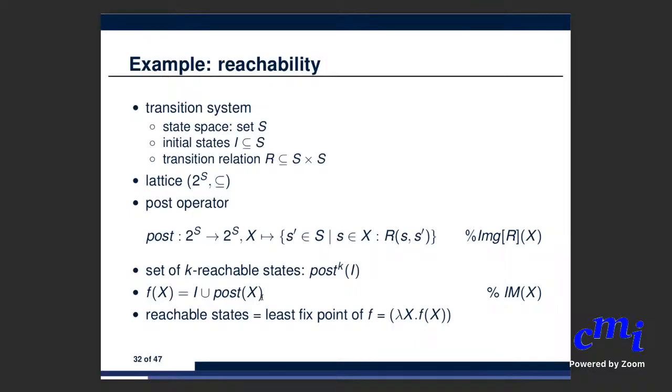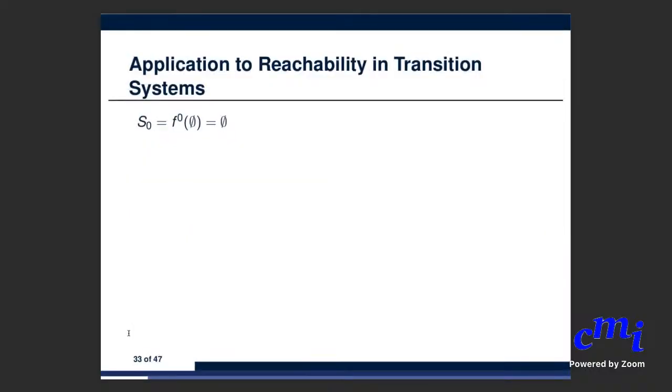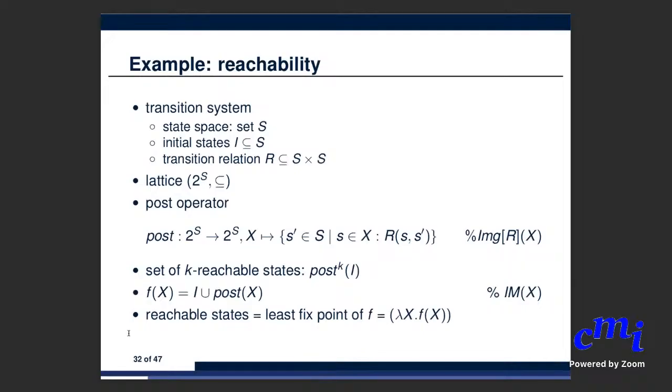It uses the post operator, and this function represents one step in that accumulation. This is obviously monotonic, right? Why? It is adding something.